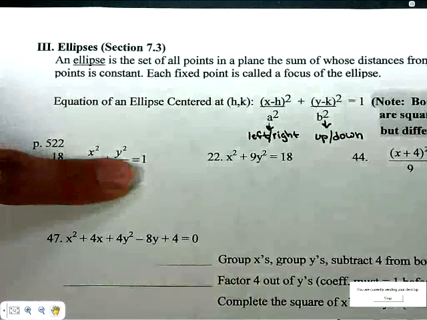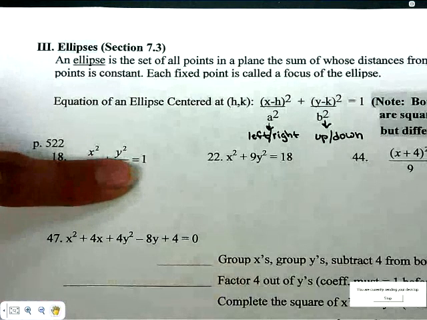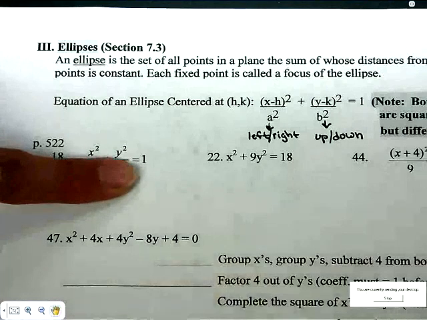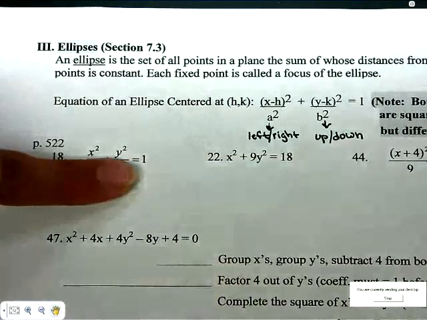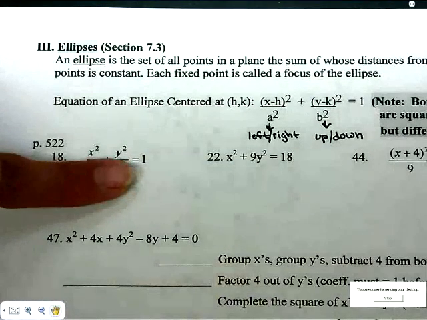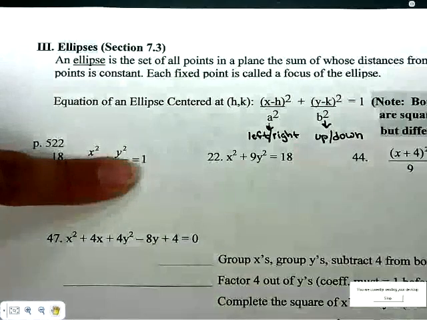If I just covered up that 25 and 4, you would say this is a circle with center 0, 0, because you don't have that guy in parentheses with the x and the y that would indicate a horizontal or vertical shift. So if I covered up the denominators, you'd say that's a circle with center 0, 0 and radius 1. Well, the center is still 0, 0.